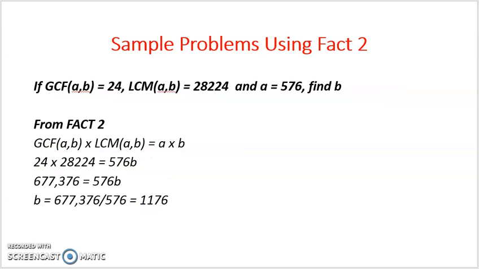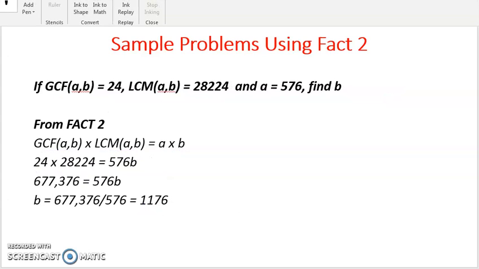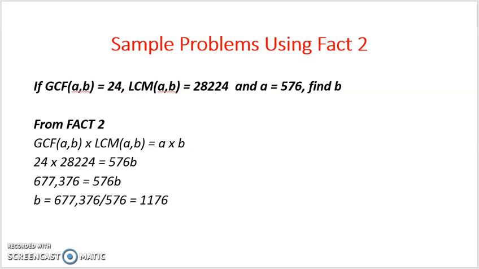Finally, sample problem 3. If the GCF of two numbers is 24 and the LCM of the two numbers is 28,224 and one of the numbers is 576, what's the other number?